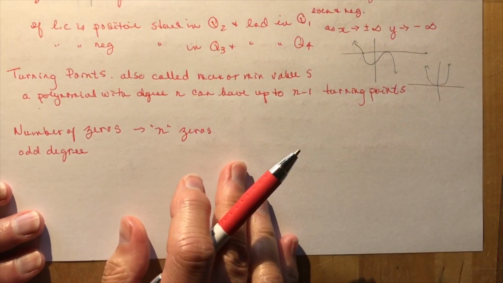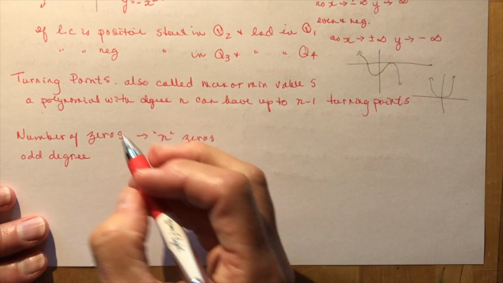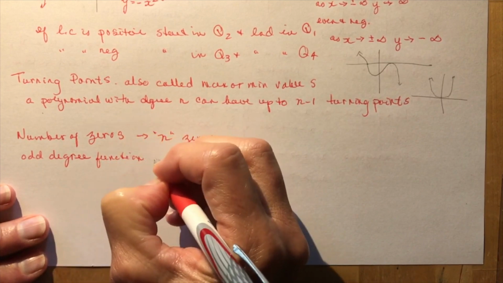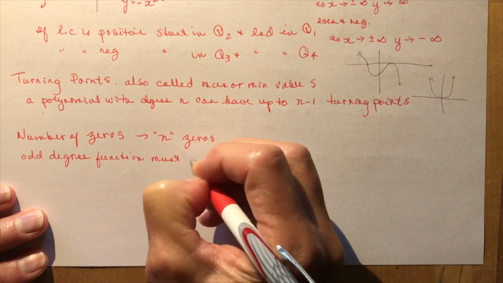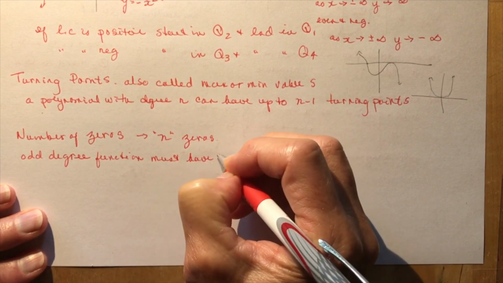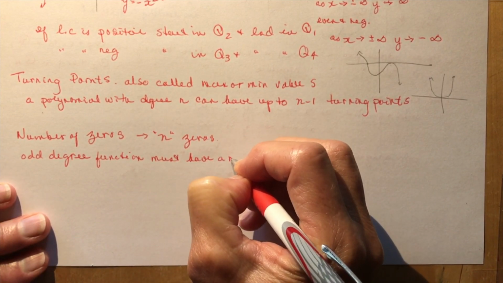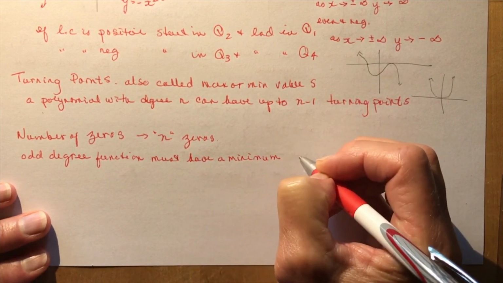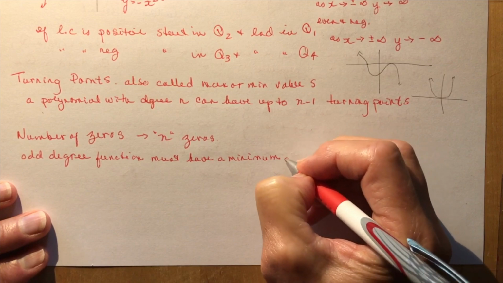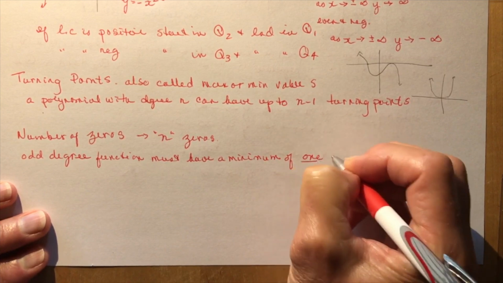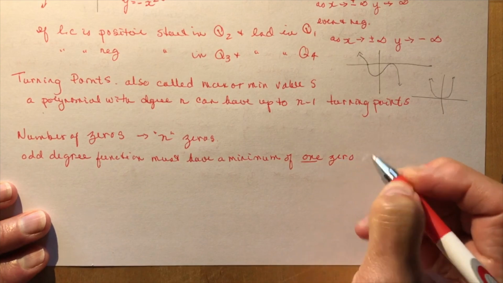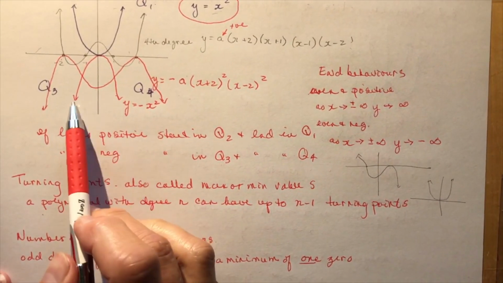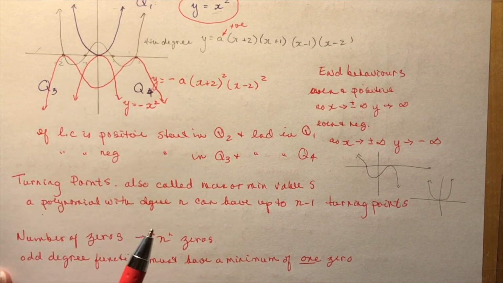So you can see that an odd degree function must have, can you finish the sentence? Must have a minimum of 1 zero. It has to cross the x-axis somewhere. You can't go from quadrant 3 to quadrant 1 without crossing the x-axis.